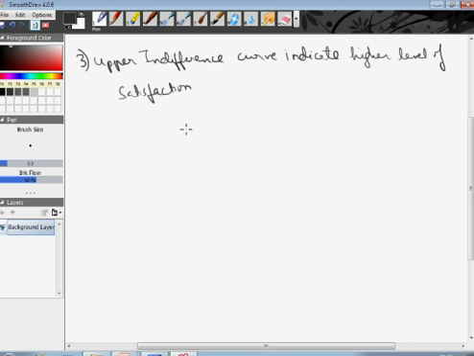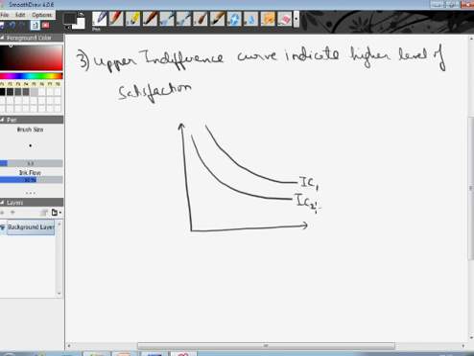So we can see here, if I draw two indifference curves, suppose this is IC1 and this is IC2. So the total utility of IC1 will be more than the total utility at any point on the curve IC2.